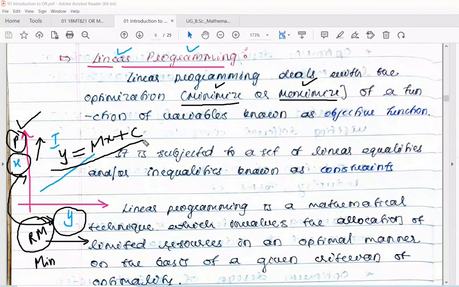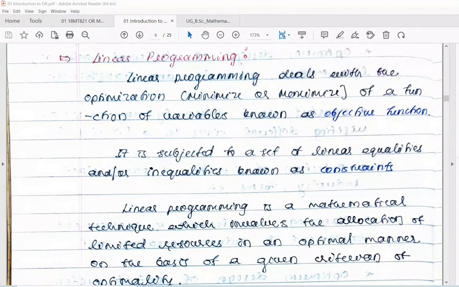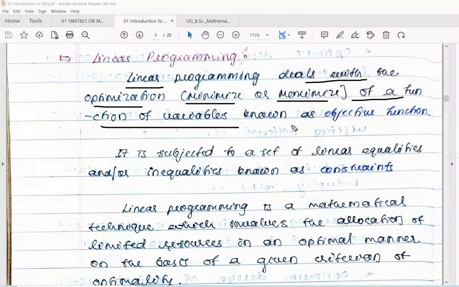There are methods most commonly used to define the equation based on the problem, considering what types of constraints are present. Linear programming deals with the optimization of minimizing the raw material required to produce a particular product and maximizing the production, considering the functions of variables.